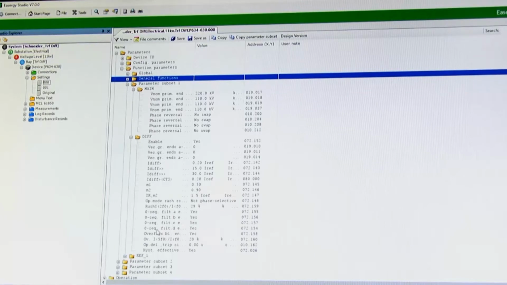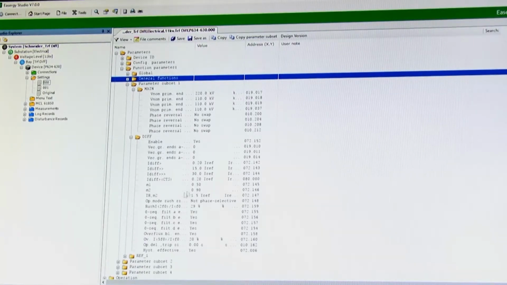As already mentioned, we are verifying the percentage bias differential relay, where we have different settings like M1, M2, IPU and so on. We would like to see what settings we have carried out for this case. This is the primary and secondary voltage rating, 220 kV, 110 kV and so on, and we have the corresponding settings for this relay.